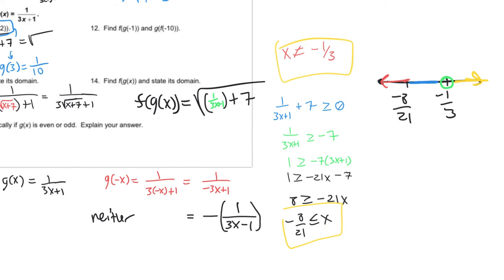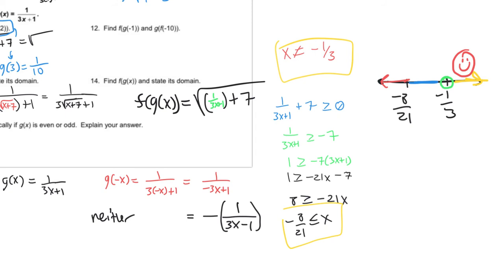Any x value here that causes the radicand to be 0 or greater can be included. Negative 1/3 is under all circumstances not included. We'll start over here because it's easy. If you plug 0 in, that would be 1/3 plus 7, and clearly that is workable because that's positive.